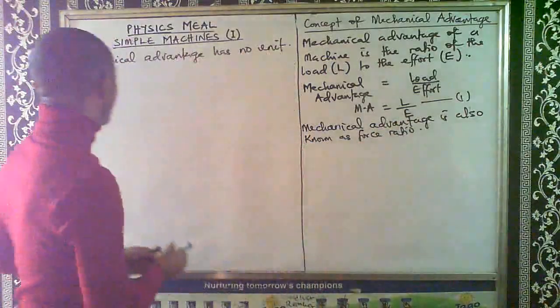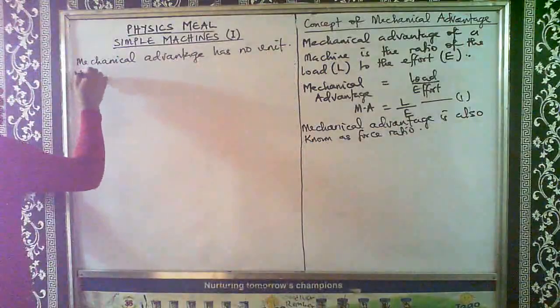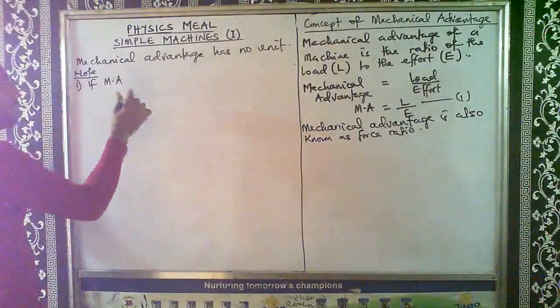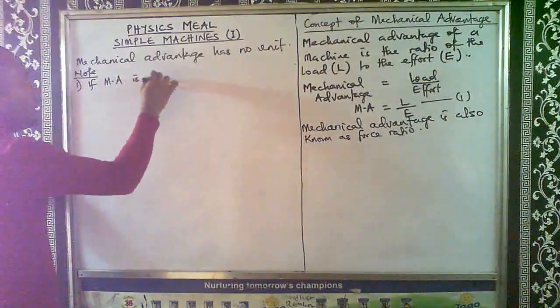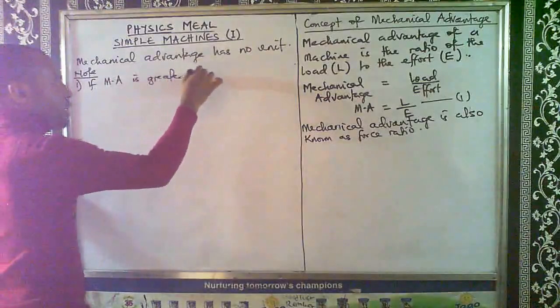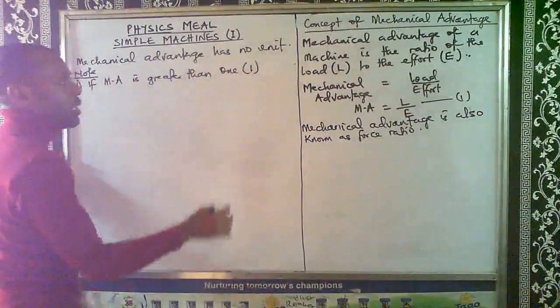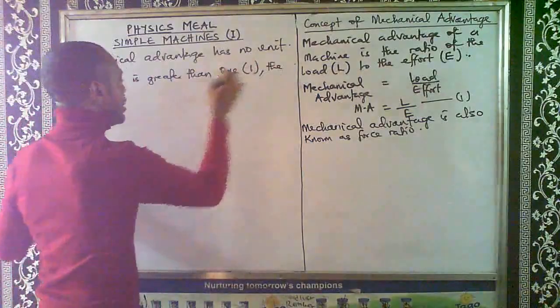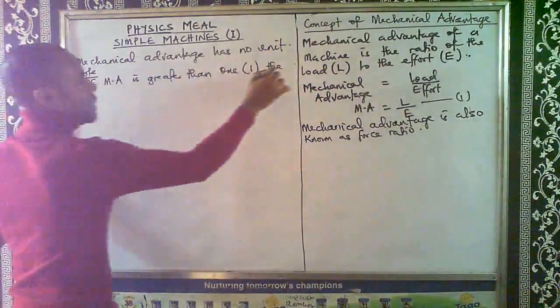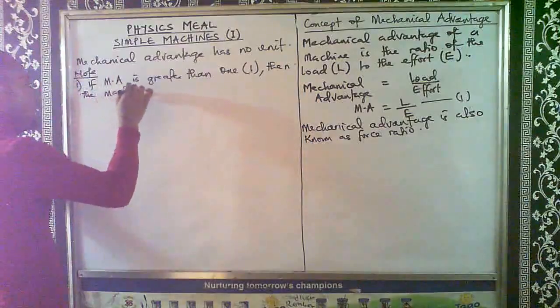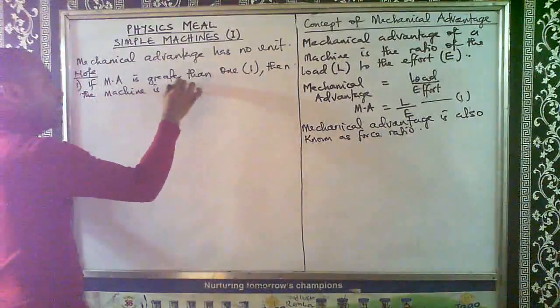So now note the following. 1. If mechanical advantage, that's MA, is greater than 1, then the machine is advantageous.